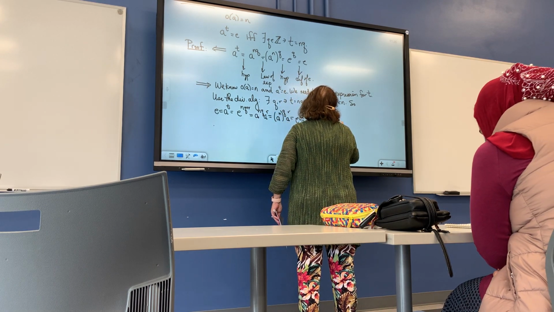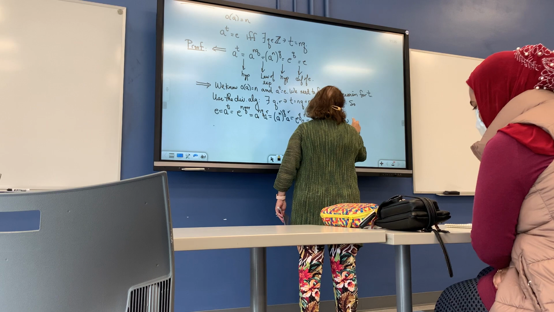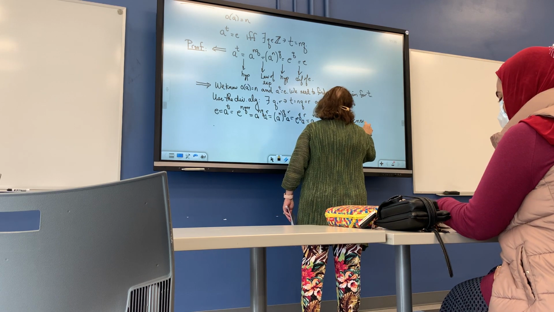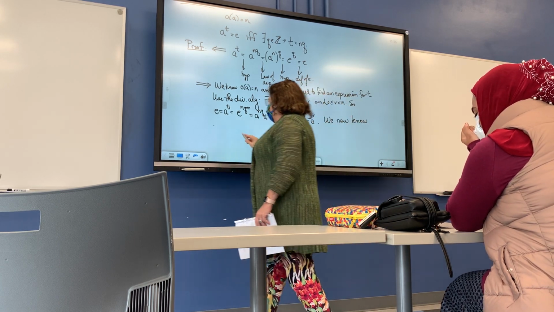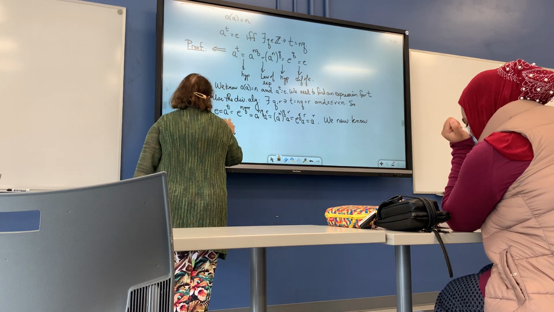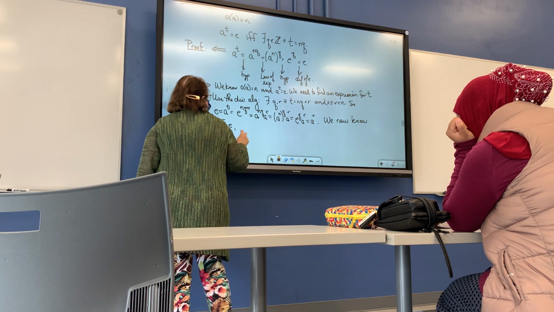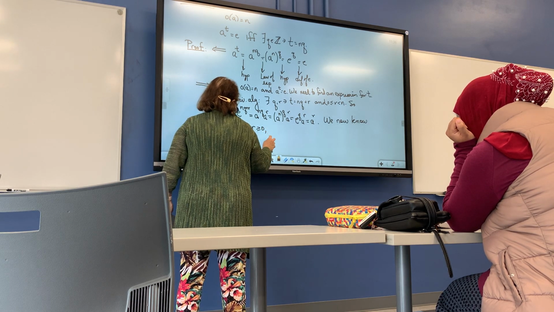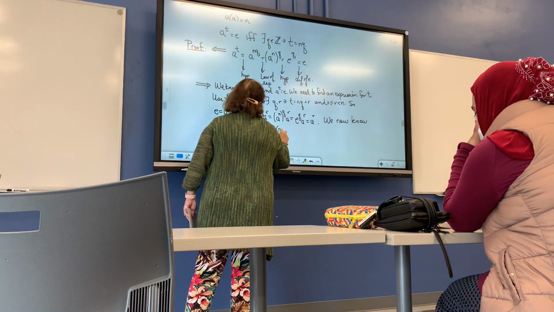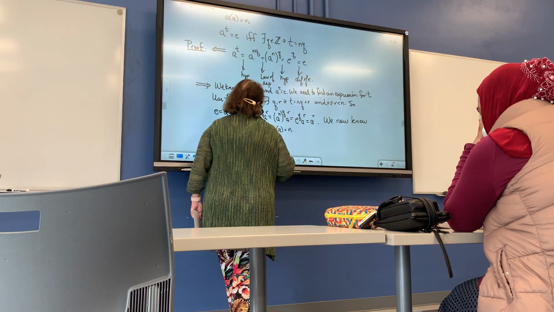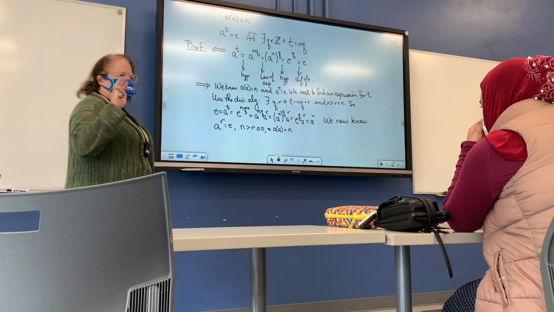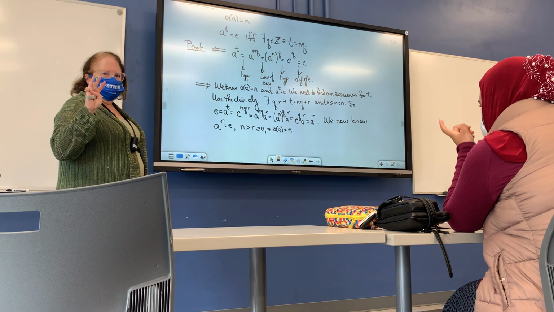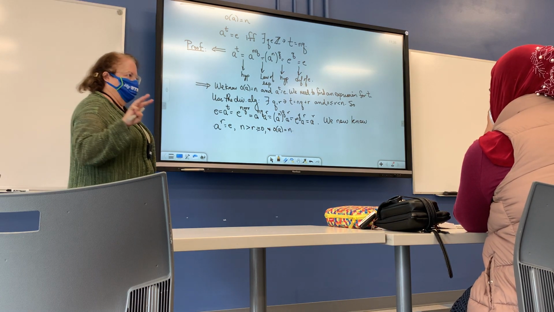We now know A to the R equals E. N is greater than R, which is greater than or equal to 0, and the order of A is N. Those three things together logically tell us that R has to be 0.